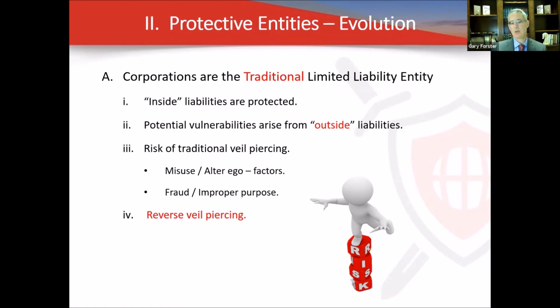That's this misuse or alter ego here in the slide. If you don't do that, you don't do fraud, basically you're going to operate the entity. The entity is going to have its own responsibilities, its own debts, its own AR, its own accounts payable. And if you have an exposure inside a business exposure, the shareholders are not liable.